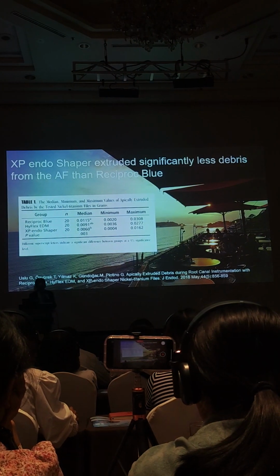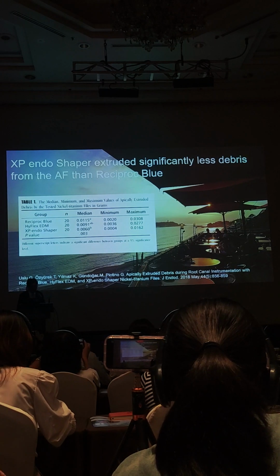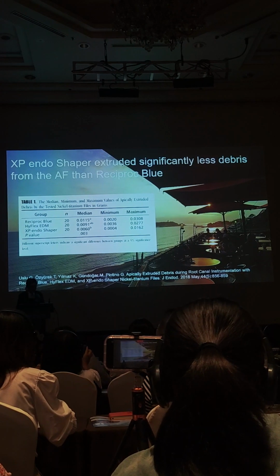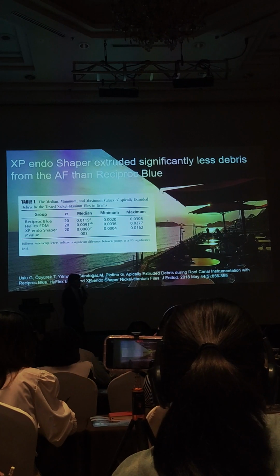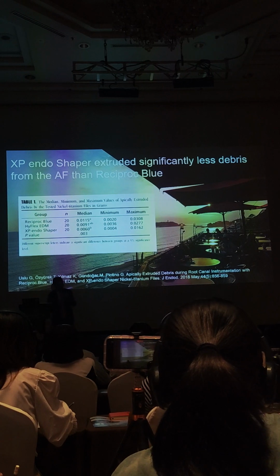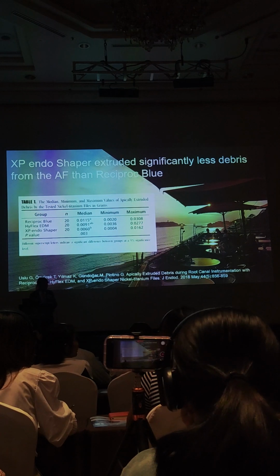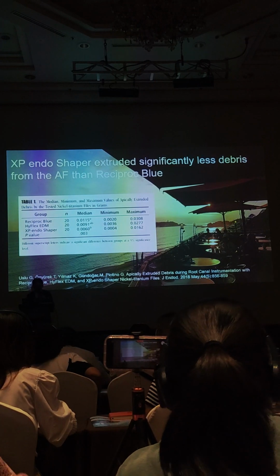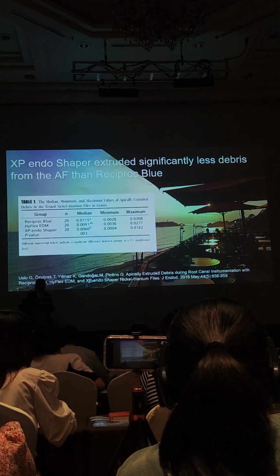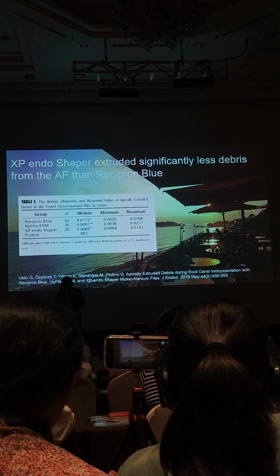If you use the XP Endo Shaper, you have significantly less debris extruded into the periapical tissue than with other conventional rotary instruments. It's very good not to extrude debris into the periapical tissues during the removal of gutta-percha fillings, because debris can activate the immune system, causing acute inflammation, especially with those bacteria... I forgot the name of it.